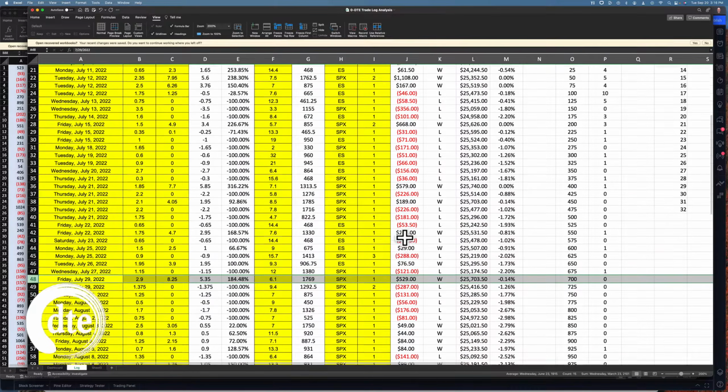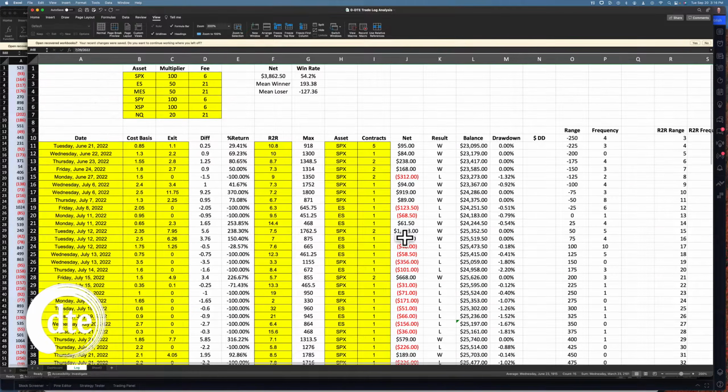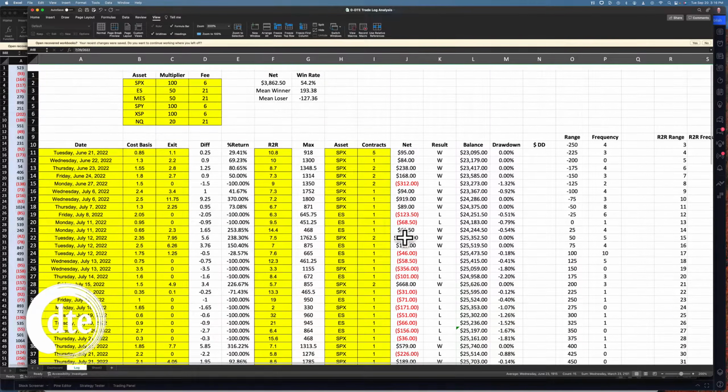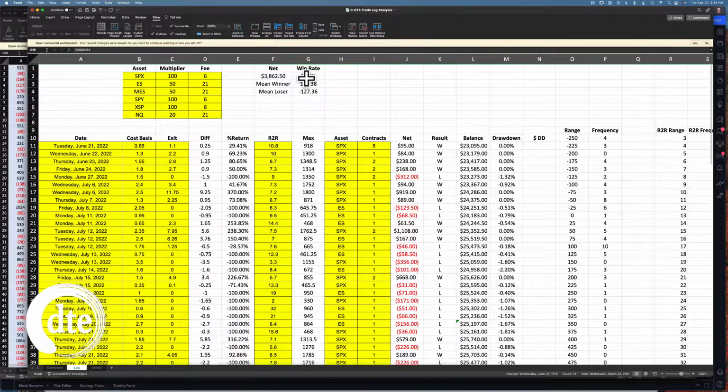And so there's a fair amount of losers here too. They happen. My win rate is only about 54.2%. But my mean winner is almost $200, and my mean loser is about $125.